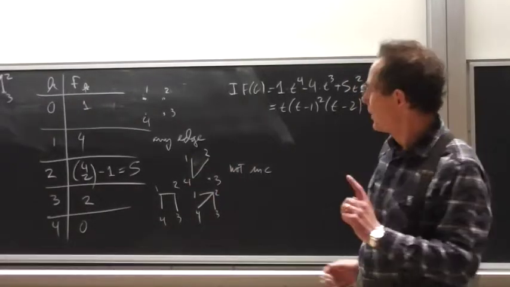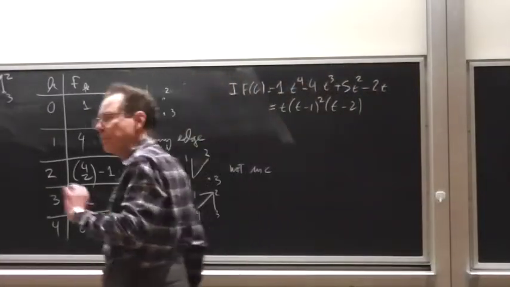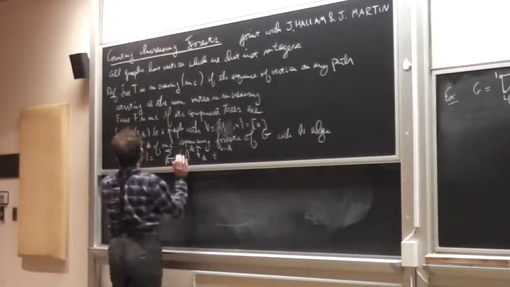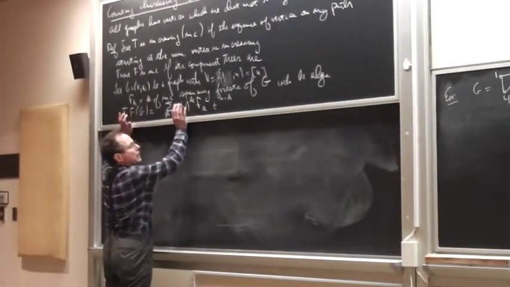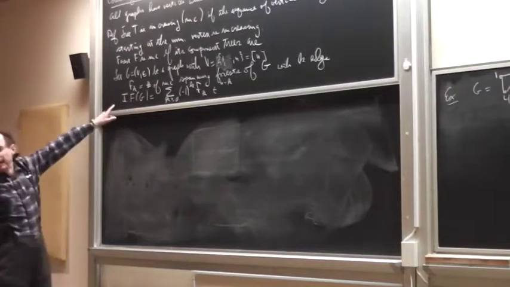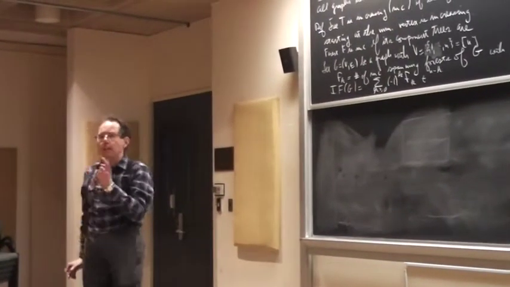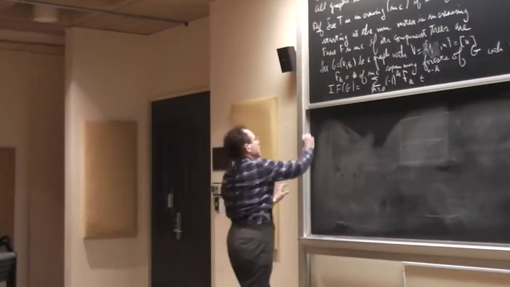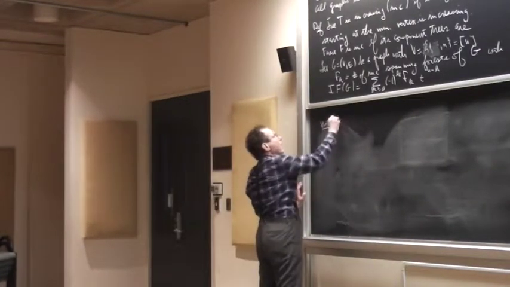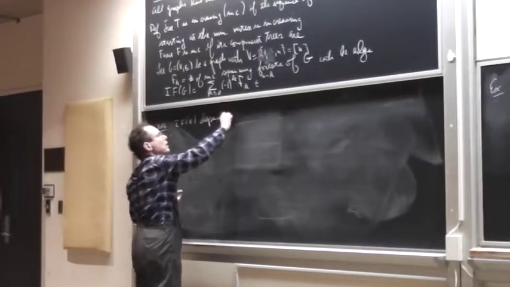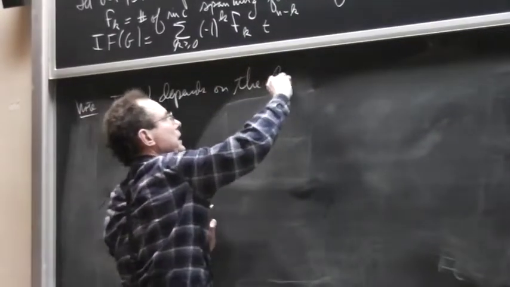No. But let's put that on the back burner for a second. I just want to make a little remark: even though my notation doesn't encapsulate this, the function f of G depends very heavily on the labeling of the vertices.